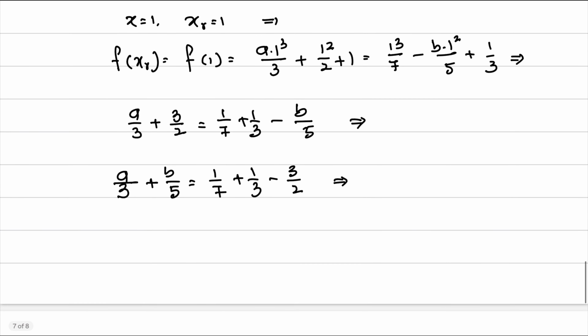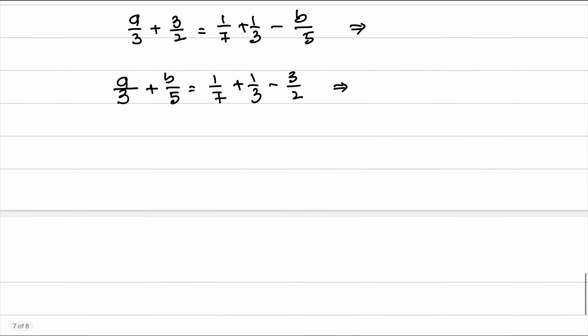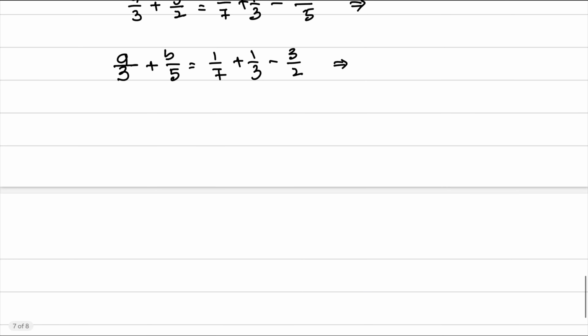Let us try to solve it. Here on the left hand side the LCM is 15, giving 5a plus 3b. On the right hand side what can be the LCM? Maybe 42. Let us try.